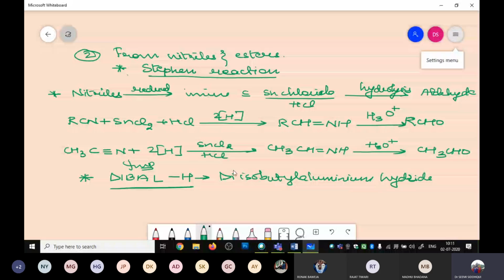Now if you want to write this reaction, how do you write it? RCN, the first step is with DIBAL-H, and in the second step you are doing a hydrolysis and you are getting an aldehyde.